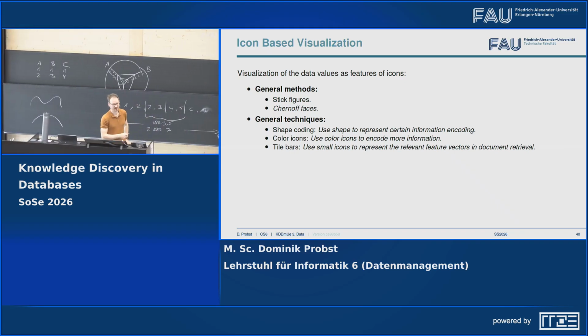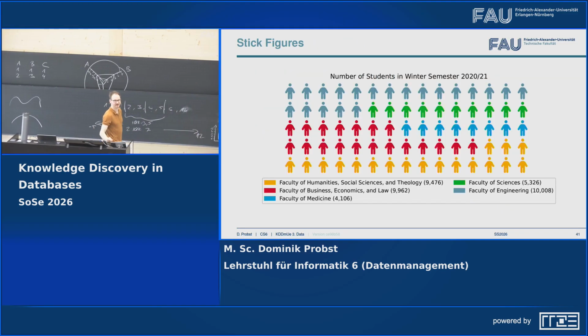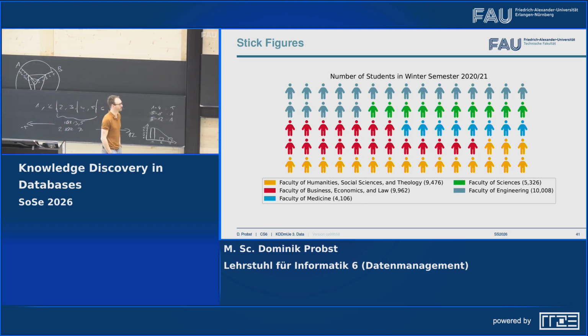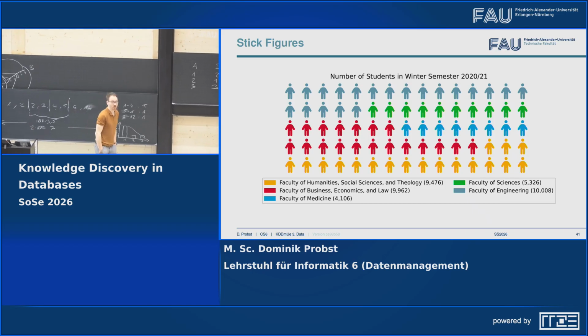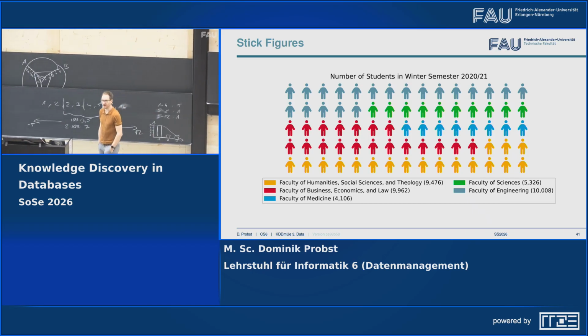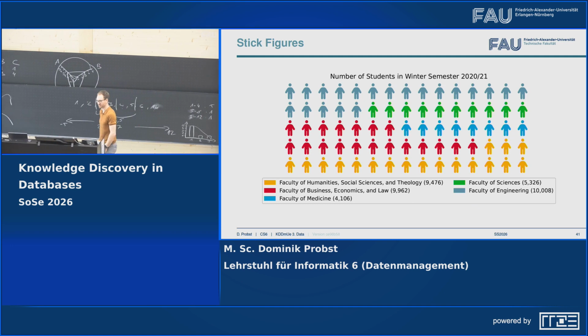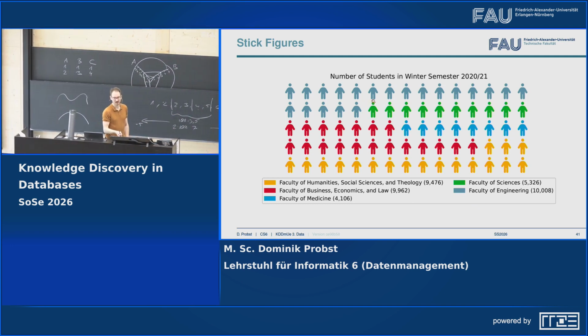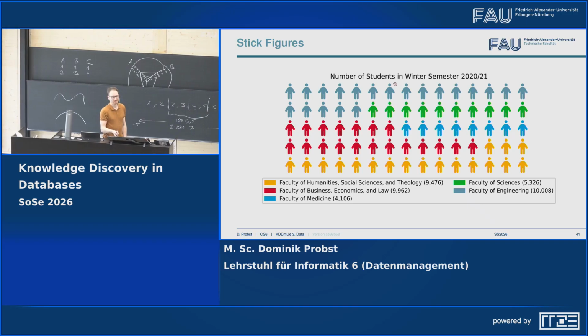The simplest and most easy to comprehend thing is stick figures, where we simply have an icon-based diagram displaying how many entries are in a certain category of data. So for this example, we are taking a look at the number of students at FAU at every faculty.